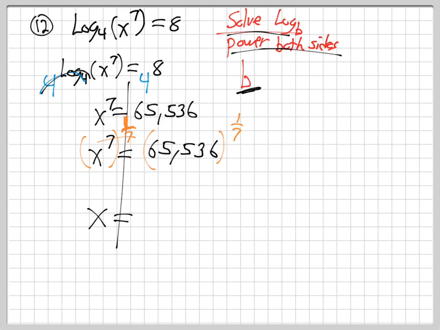So to take this on your calculator, to the 1/7 power, that'd be 65,536 to the power, that power button, up arrow or x to the y, whatever the power button is on your calculator, 1 divided by 7 equals, or in some calculators it's x to the blank.